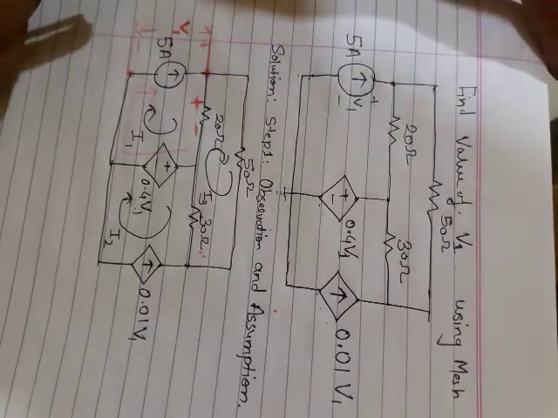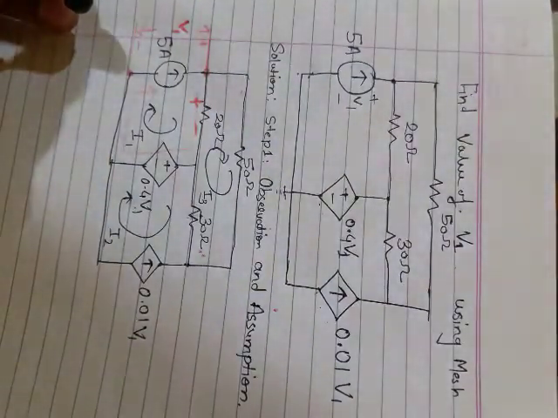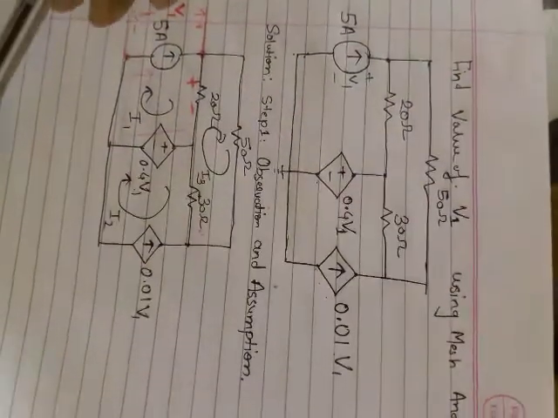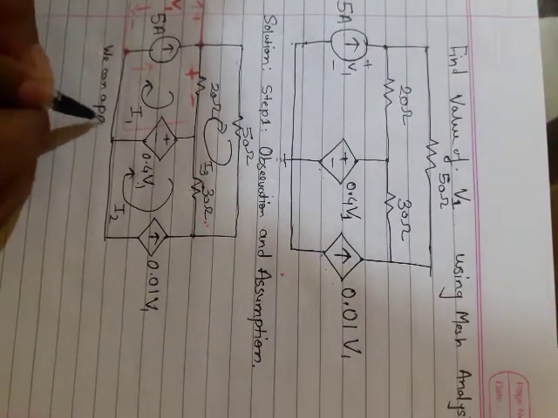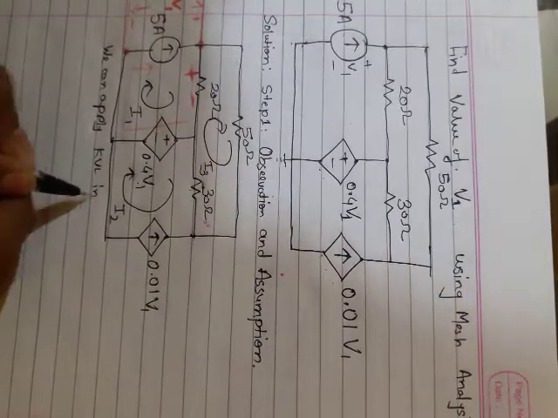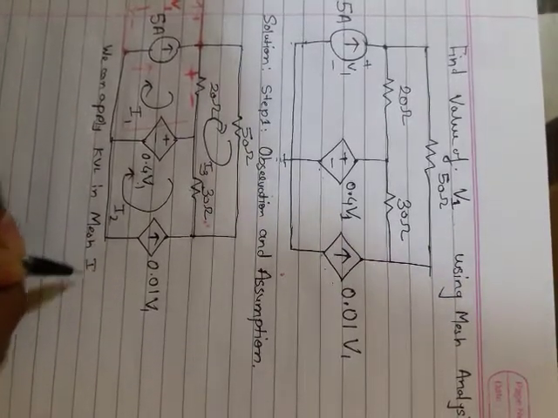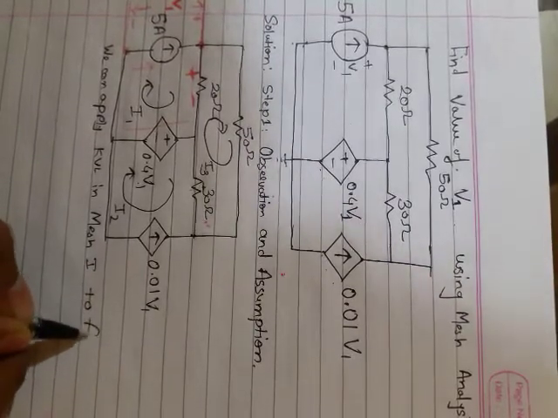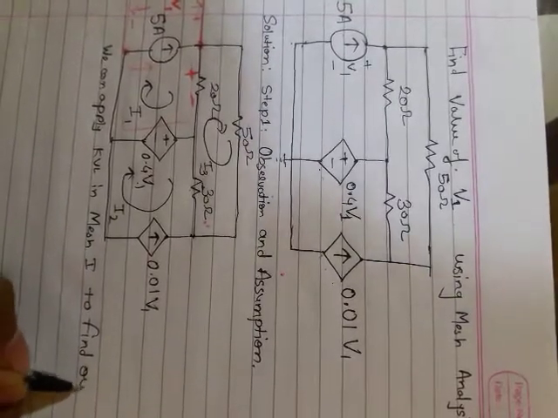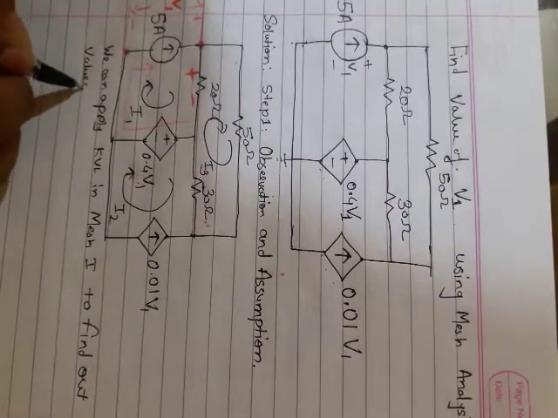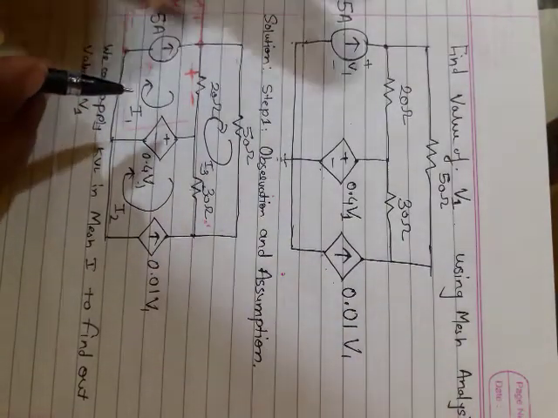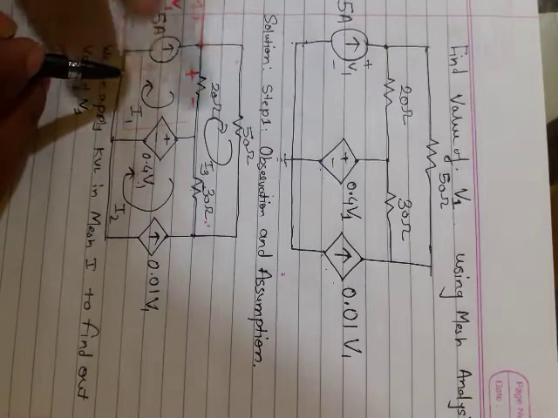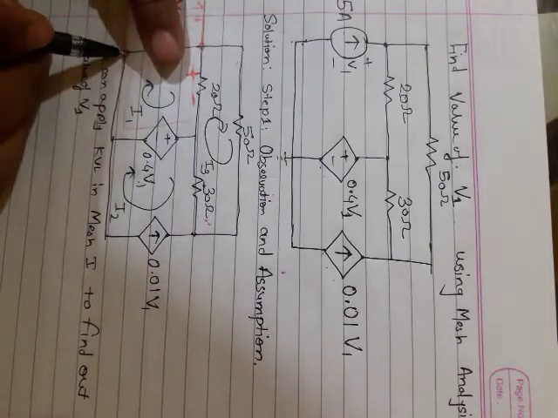So if we apply KVL in mesh 1 to find out the value of V1, I am not considering this 5 ampere now, I am considering this voltage V1.